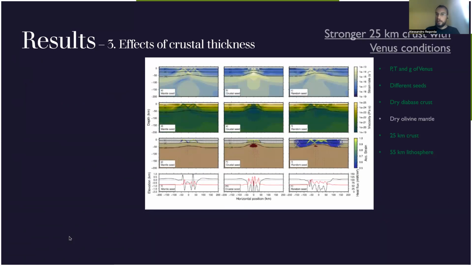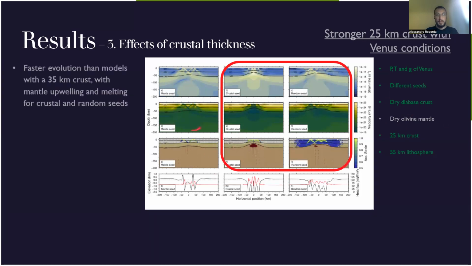Things are different if we consider 25 kilometers crust models. This is with a dry olivine mantle. And again, mantle seed, crustal seed, and random seed. And the velocity of evolution is a little bit different. It seems to be faster for the crustal and random seed, but in this case, the model with the mantle seed is also able to accumulate strain and to develop a topography.